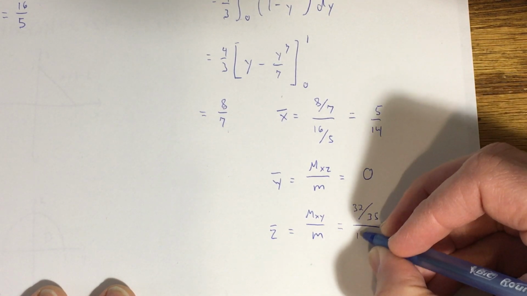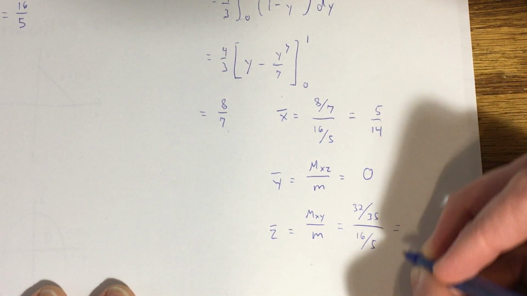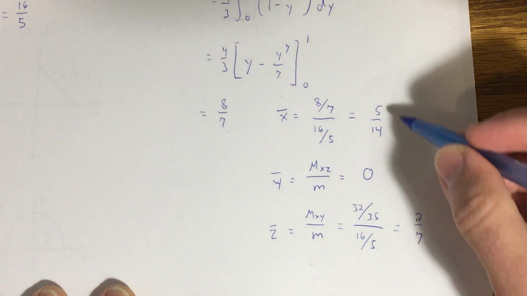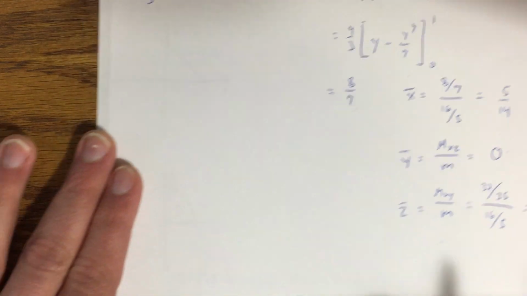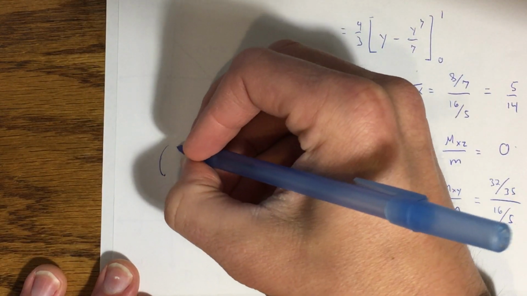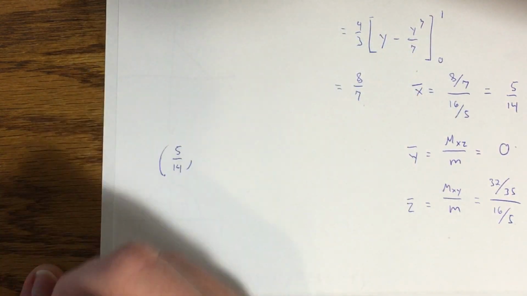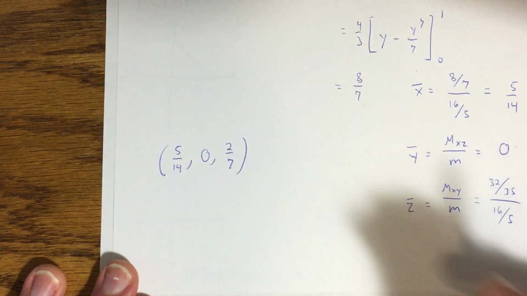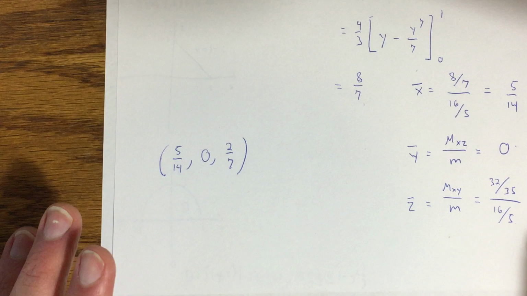Divide that by the mass, which was 16/5. Simplify everything down. This one comes out to 2/7. So together, these make up the coordinates of our center of mass, which I'm going to write over here. 5/14, 0, 2/7. And that should wrap that one up.